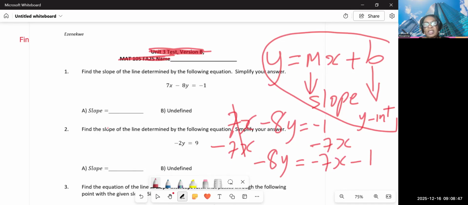All right, so the next step is to divide all through by the coefficient of y. So divide all through by -8.